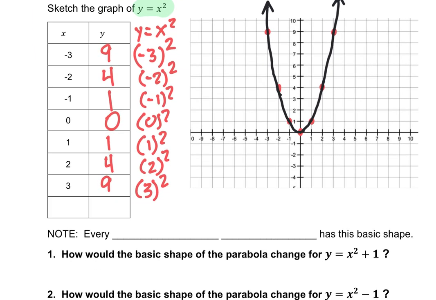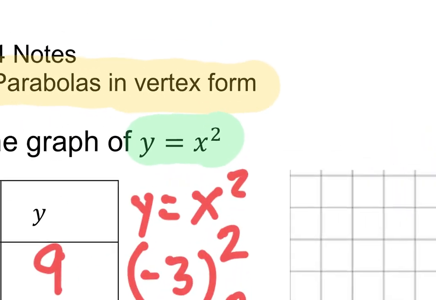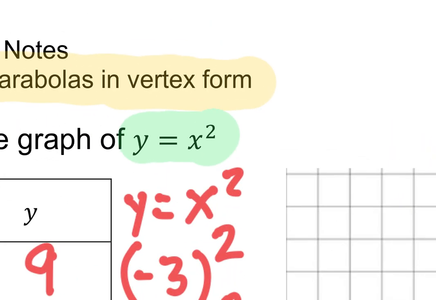It says, note, every quadratic equation has this basic shape. So every quadratic equation is going to be in the shape of a parabola, which looks like a U. How do we know it's a quadratic equation? What is the clue in our equation that shows us it's going to be a quadratic or a parabola?